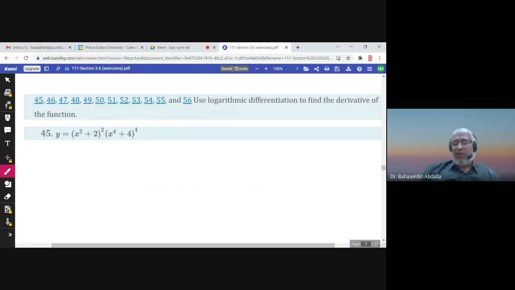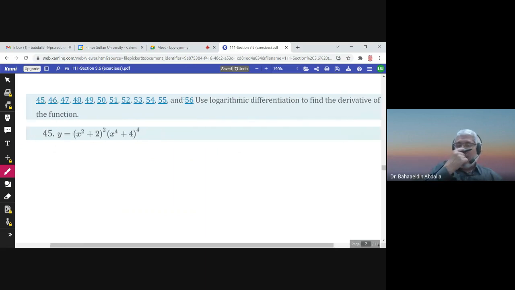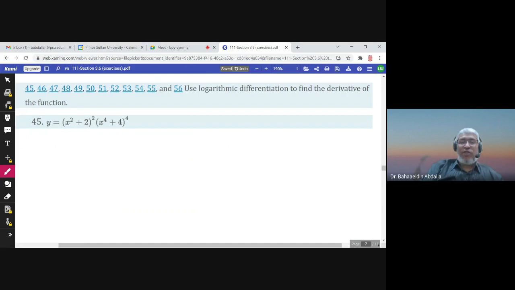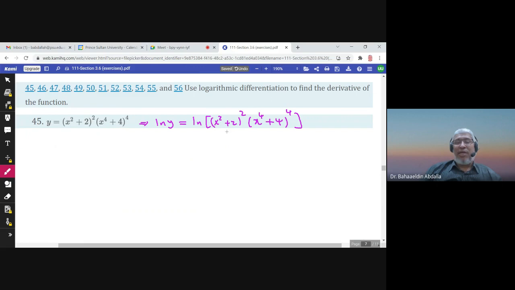Use logarithmic differentiation to find the derivative of this function. Well, remember, there are steps for logarithmic differentiation. The first step is to apply ln to both sides. So you say ln y equals ln all of this. And then we use the properties of the logarithmic function to expand the right-hand side.